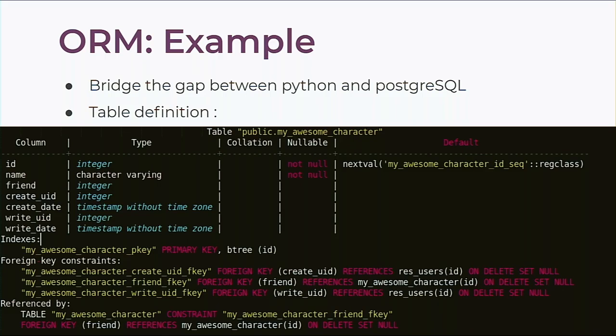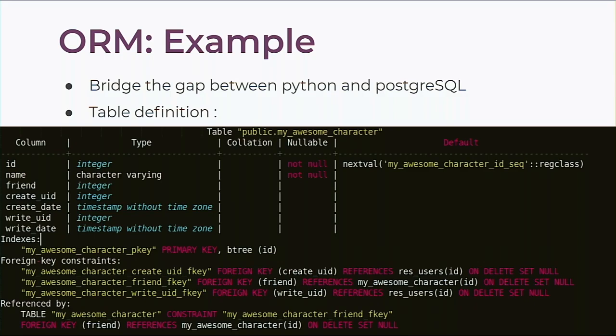If you inspect the table that was created, you see the table here and several fields that I defined, name and friends, and other magic fields. There is the ID, which is an auto-incremented primary key. The name, a varchar, which has a not null constraint as defined on the model.